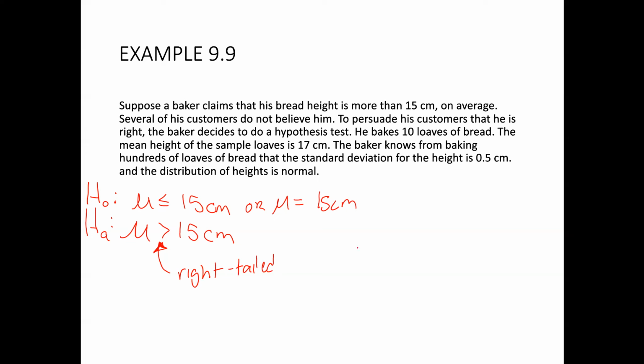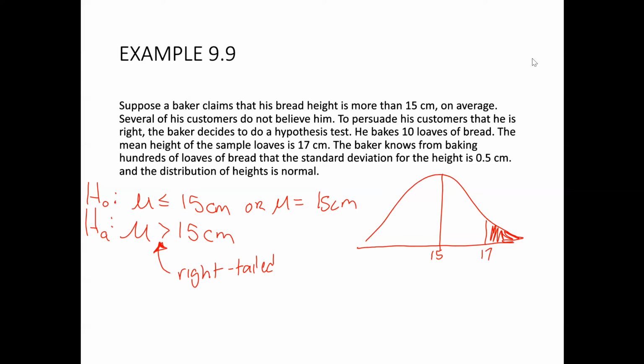What this looks like is a normal distribution whose mean is 15, but we got in our sample loaves of bread that were on average 17 centimeters tall. If this is right-tailed, then what we're looking for is the probability that purely by random chance we baked 10 loaves of bread and got 17 on average if the actual average is 15.